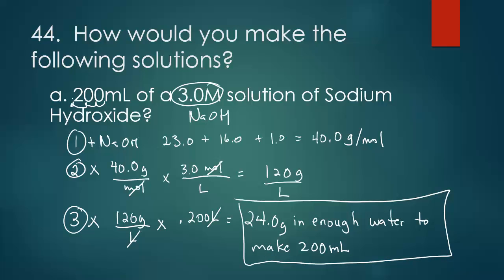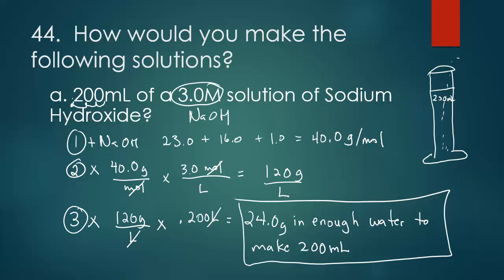This is why a lot of the experiments that I tried with my students didn't work. This is what I would do. I would come up with this number. I would get a graduated cylinder. I would add 200 milliliters of water to that graduated cylinder, and then I would add the 24 grams.